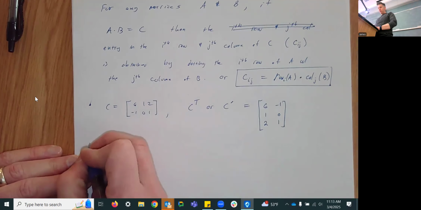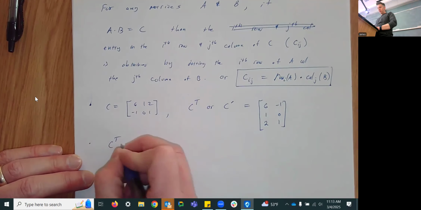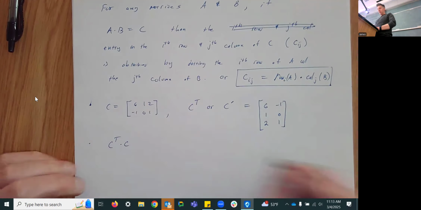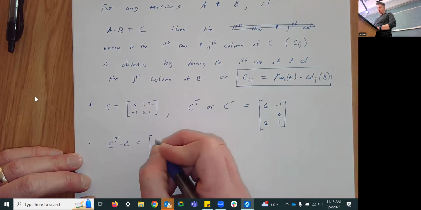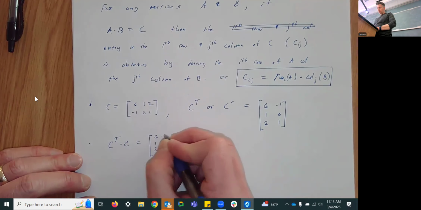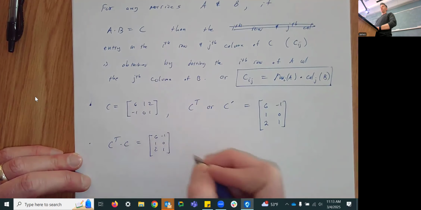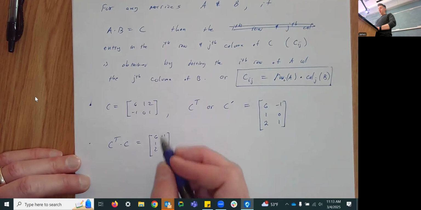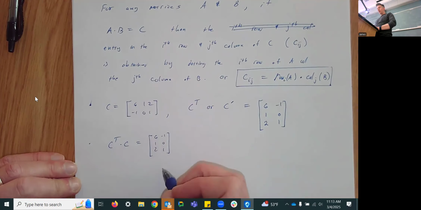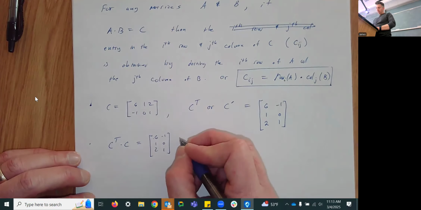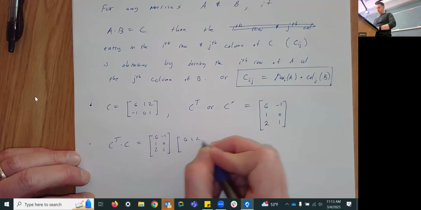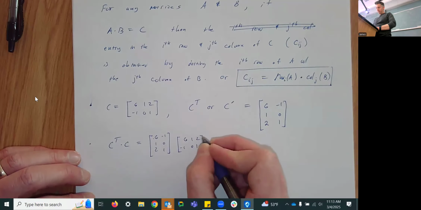Something interesting is you can always multiply a matrix by its transpose in either order. So C transpose times C would be, I should say, usually we read rows as rows, so I shouldn't say 6, 1, 2, negative 1, 0, 1. I should say 6, negative 1, 1, 0, 2, 1. Then we multiply that by 6, 1, 2, negative 1, 0, 1.